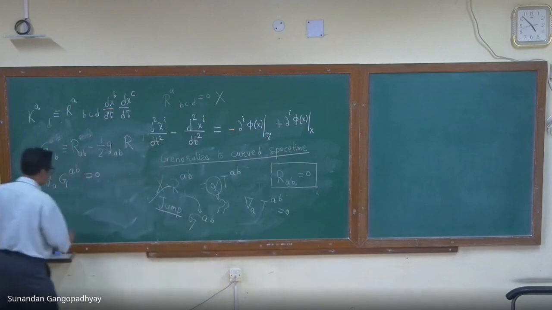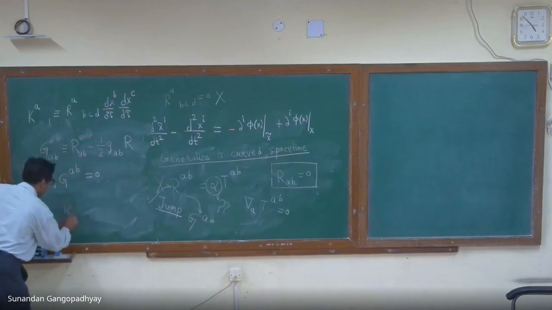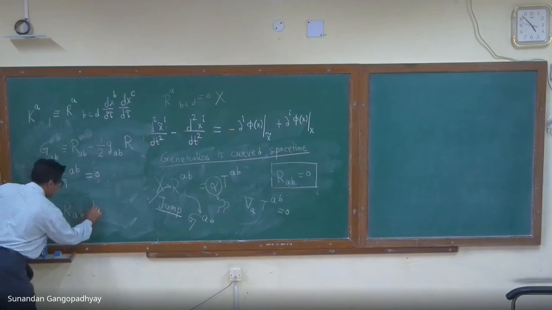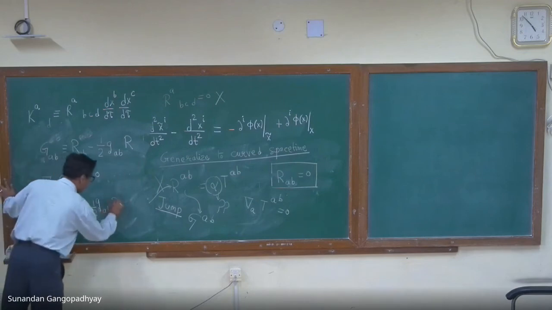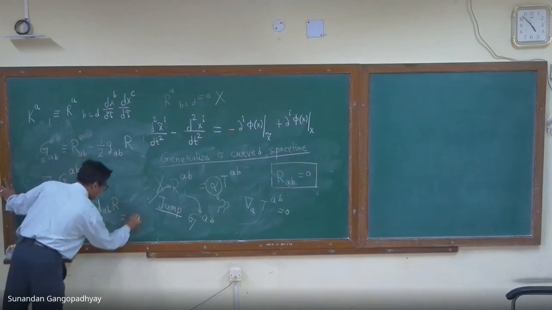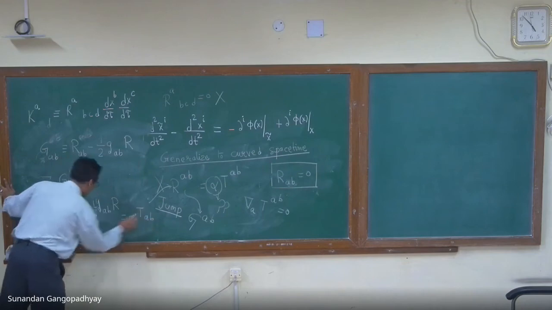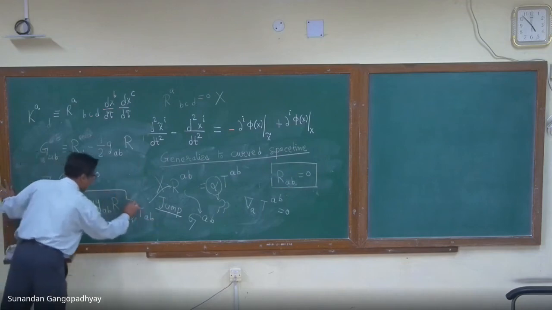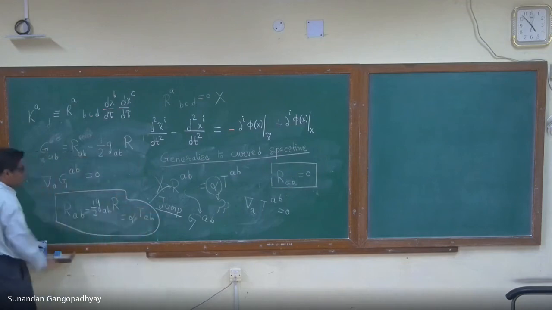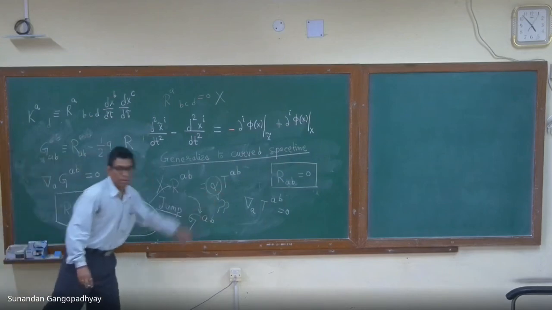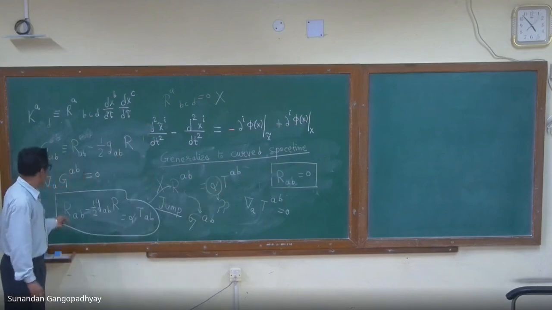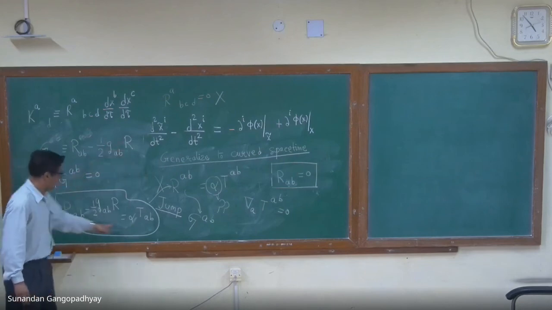So let us write down the equation now. In the presence of matter, instead of RAB equals alpha TAB, I am writing GAB, where GAB is RAB minus one half R g AB, equal to alpha TAB.